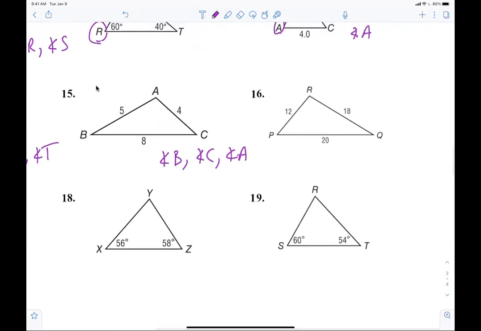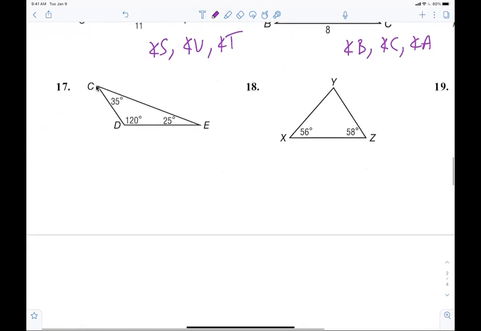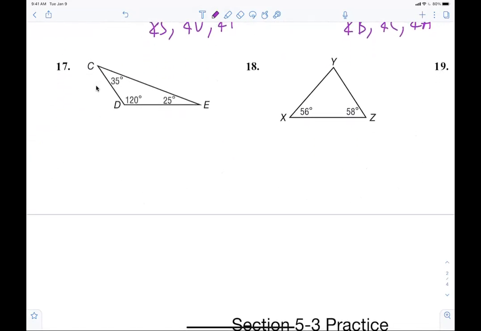Will, go. Angle Q, angle P, and angle R. Everybody okay with that? All right, Pancholi, go. Side DC, side DE, then C.